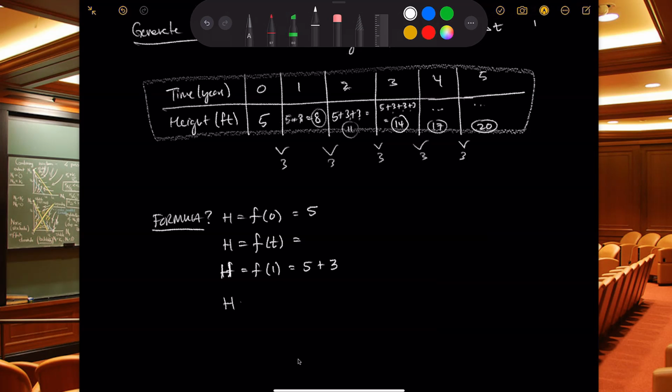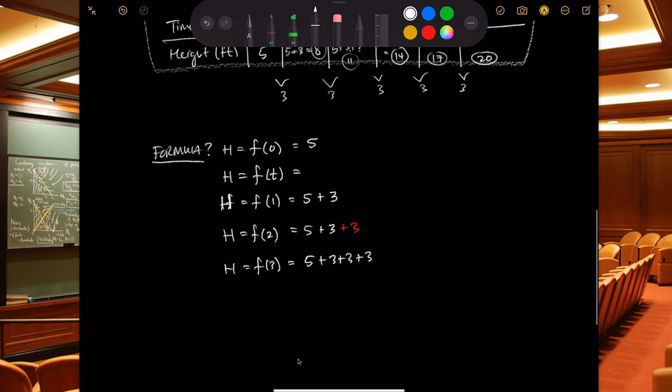H, height as a function of 2 years, was 5 plus 3 plus 3. The output for 3 is 5 plus 3 plus 3 plus 3.